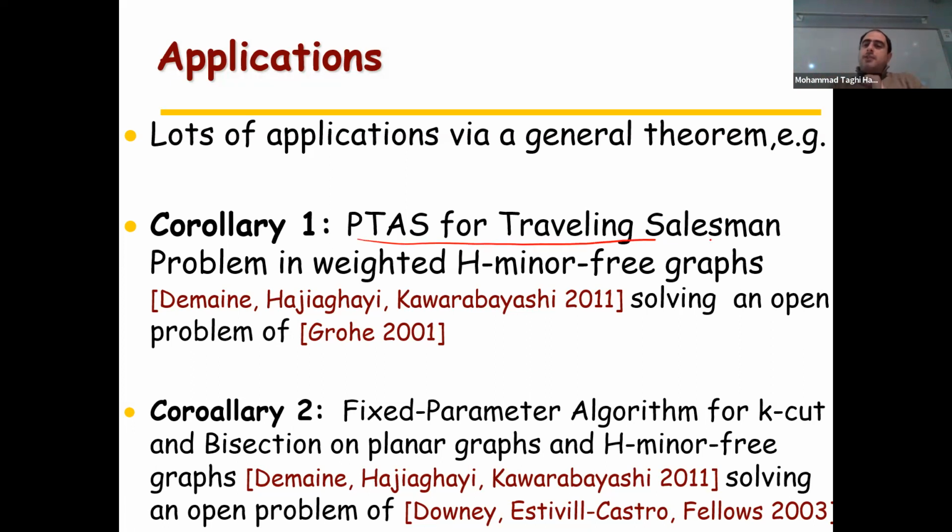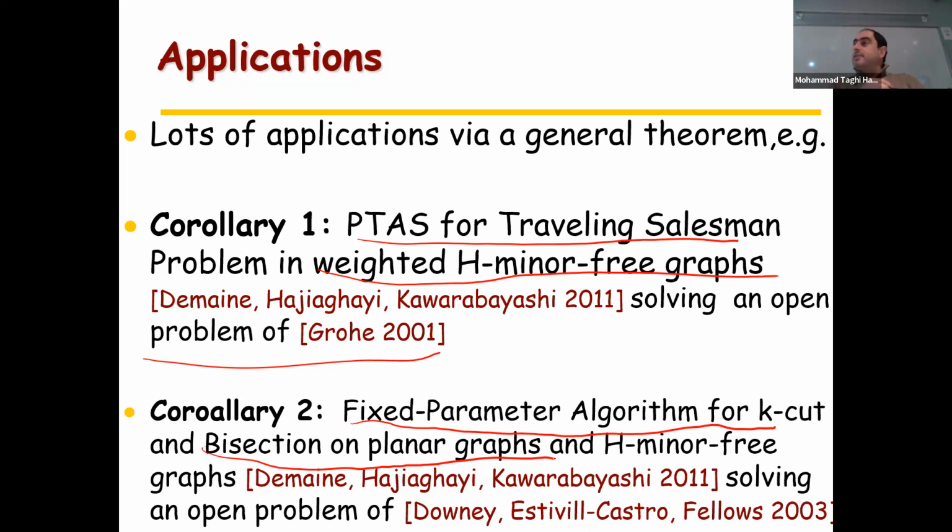So, a PTAS for traveling salesman in weighted H-minor free graphs. This is the paper that we had. This was solving an open problem of Grohe from 2001, which we solved in the SODA paper. Another one is that we can get a fixed parameter algorithm for K-cut and bisection on planar graphs and H-minor free graphs in general.